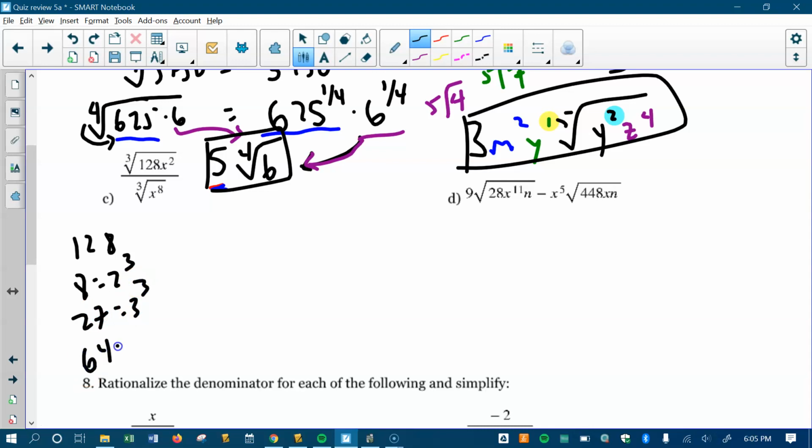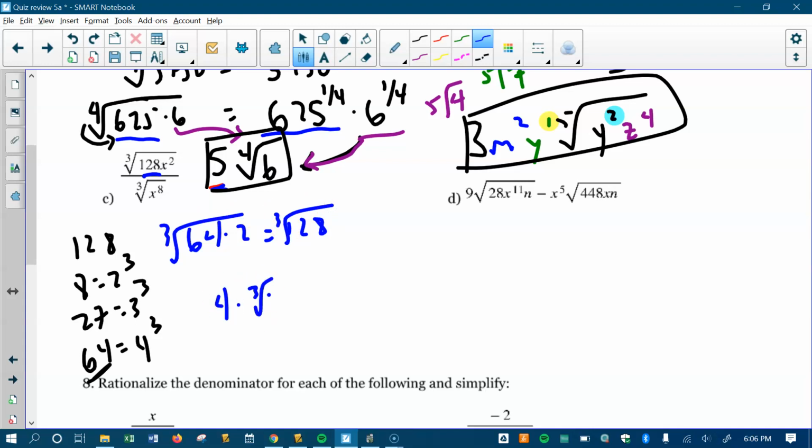Or it could be 64, which is 4 to the 3rd. Could be 125, but I think it's 64. I believe 64 times 2 is 128. So the 3rd root of 64 times 2 is 4 times the cube root of 2.